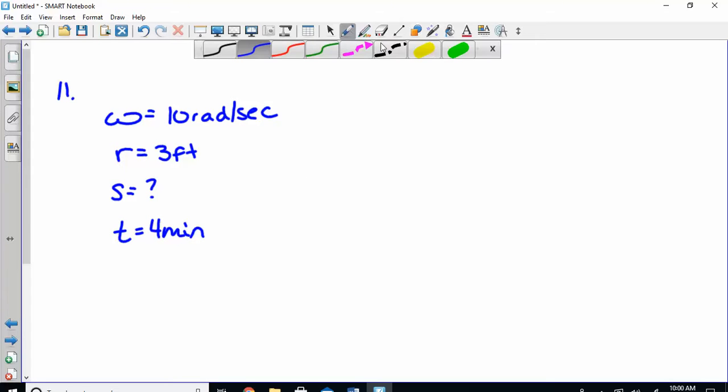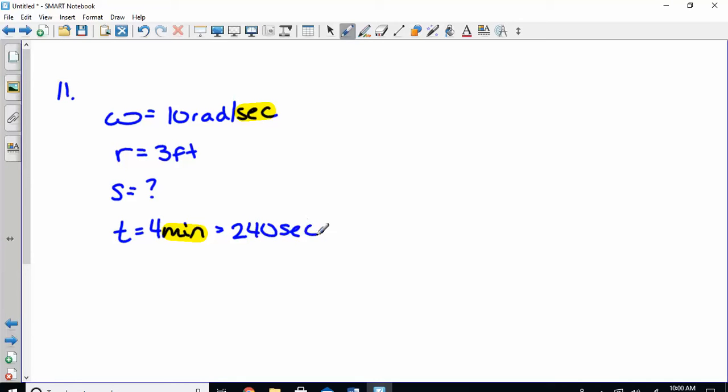So I do have an issue. This was radians per second, and this is in minutes. Those need to match, so we have to change one of them. Do you just want to change our time into seconds? 4 minutes is how many seconds? You just take it times 60. 60 seconds in a minute, so that's 240 seconds.